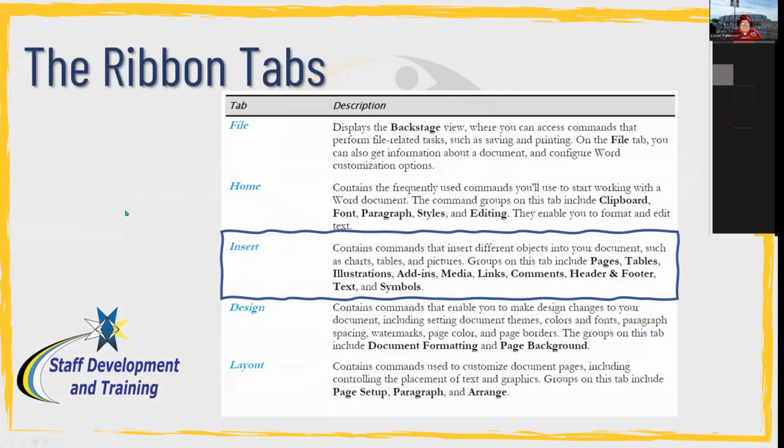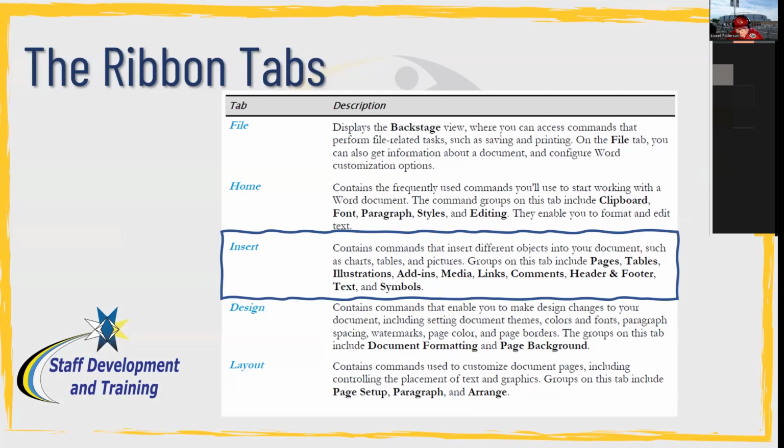So as you can see, file. The file tab basically is your backstage view tab. Unlike the ribbons, the file tab takes you to another layout that completely covers your entire screen and offers you additional options and tabs geared specifically towards your document.